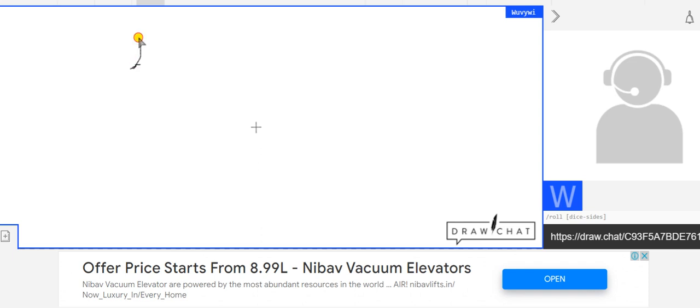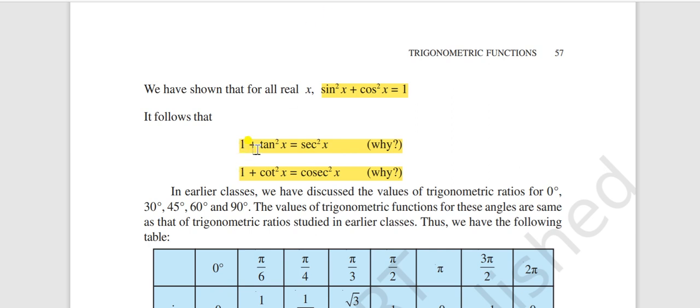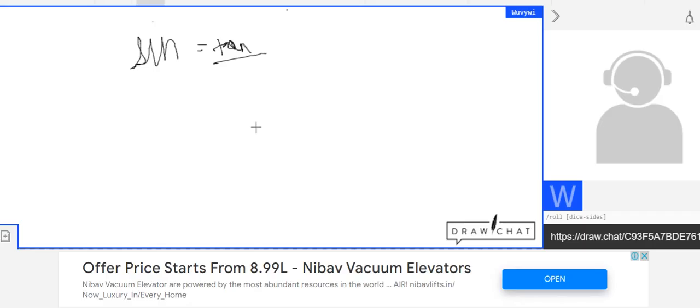Yes. So sine square is basically tan square by sec square, right?